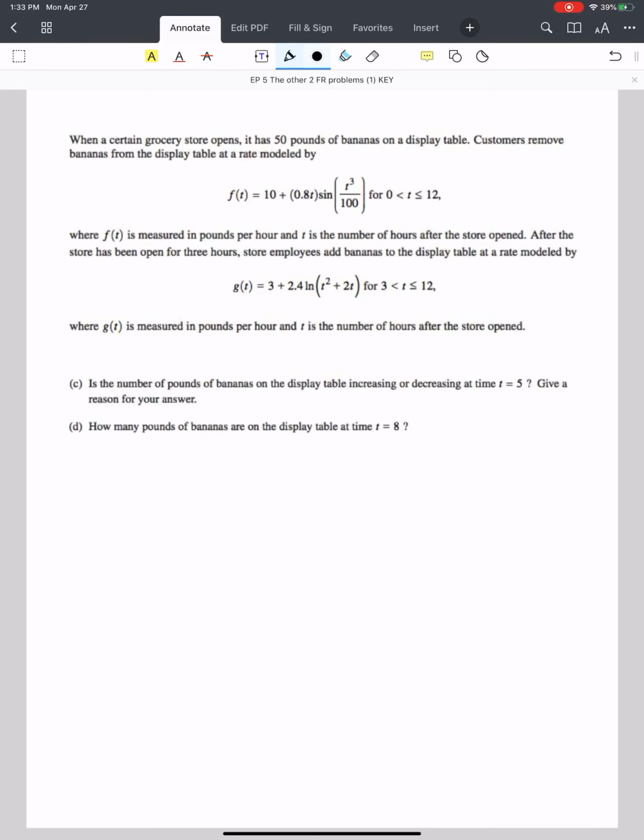Now, the number of pounds of bananas on the display table is increasing or decreasing at t equals 5. Well, again, I think it's easiest to compare the two rates at 5.